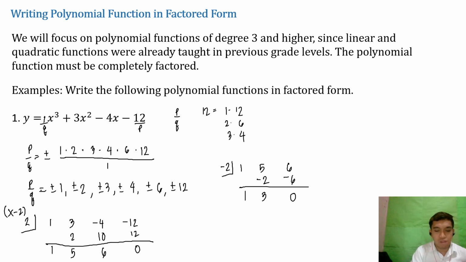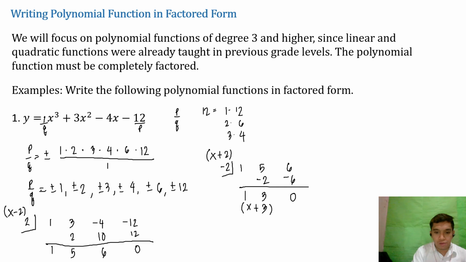So, therefore, ang ating factors dito, since 0 yan, so ibig sabihin itong negative 2 ay real root. So, kapag ginawa natin siyang polynomial, ito ay magiging x plus 2. At ito naman ay x plus 3.